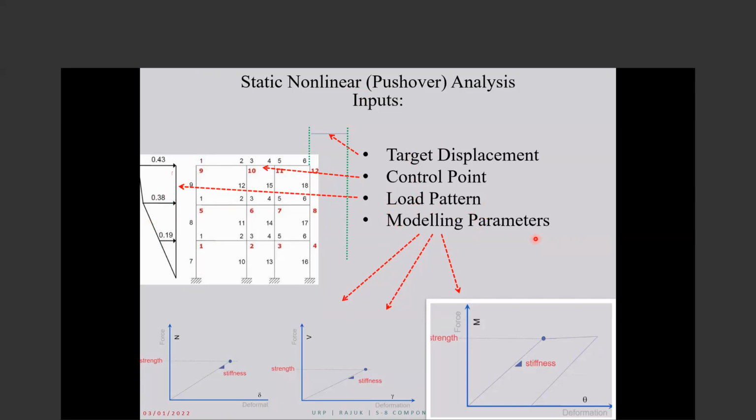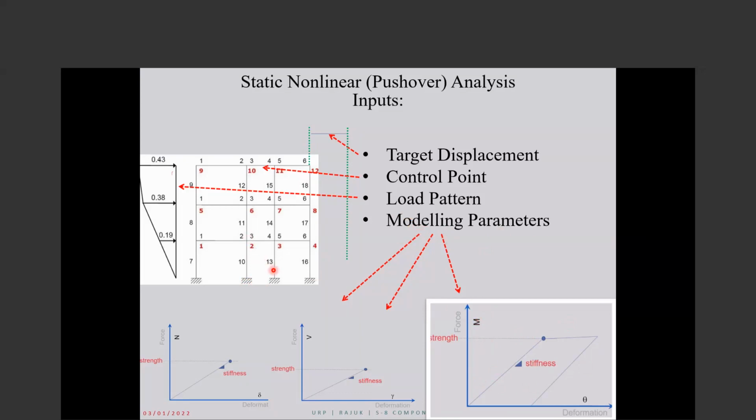Before, in the history of research, for a long time researchers were doing the nonlinear process, but to have these modeling parameters, they had to do full-scale testing of the elements to get the behavior of the modeling parameters.